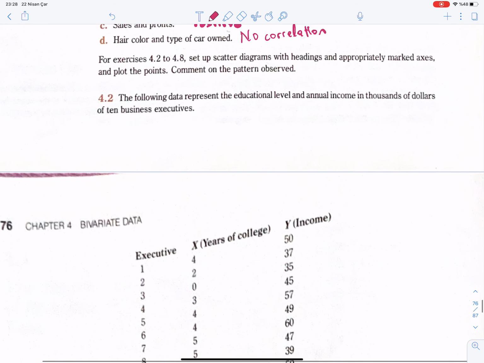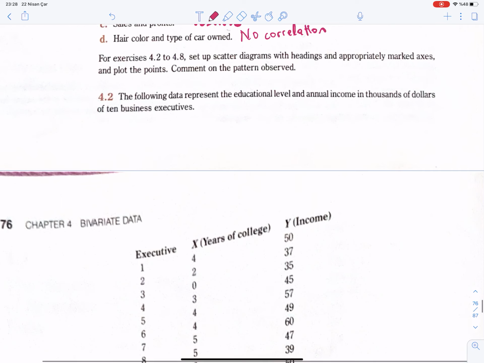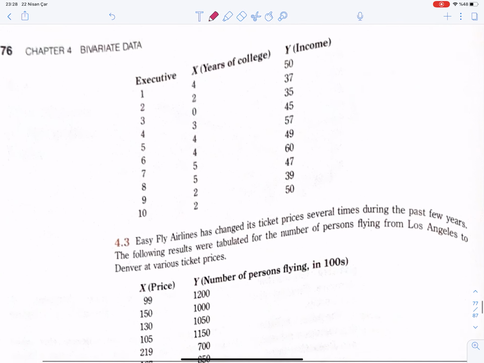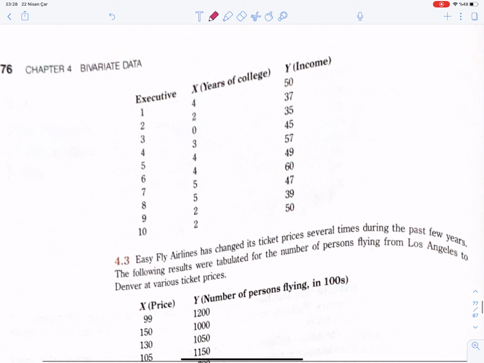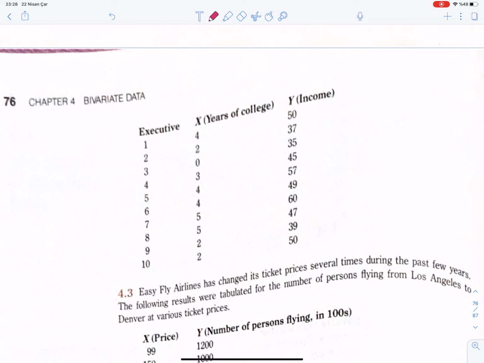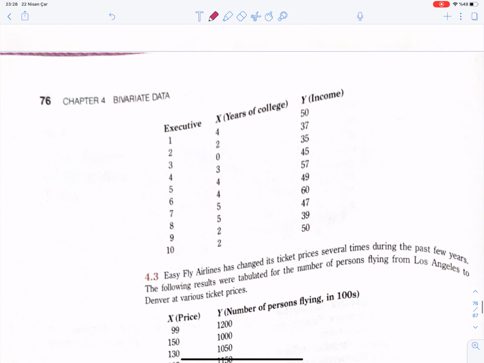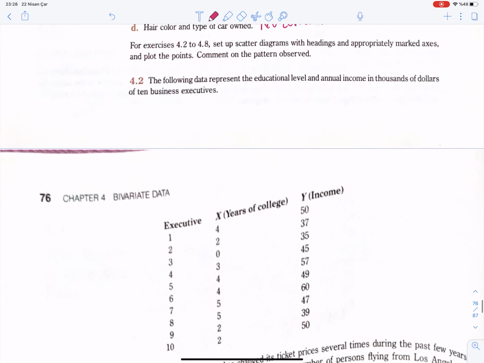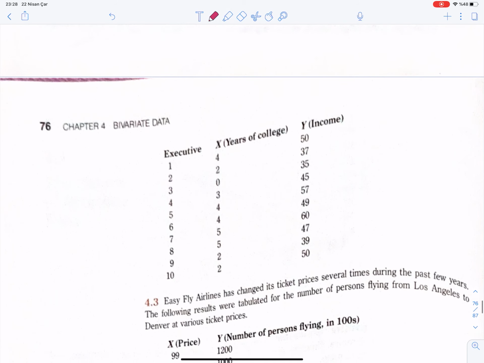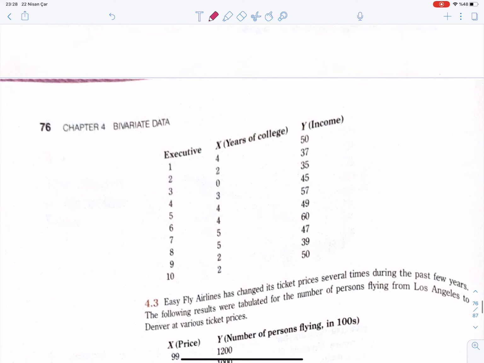Okay. There is a data set. The following data represent the education level and the annual income in $1,000 of 10 business executives. It seems that the scan I did is not very successful. I'm sorry for the italic way of this data set. There are 10 executives, and their years in college are given in X. That's the independent variable.